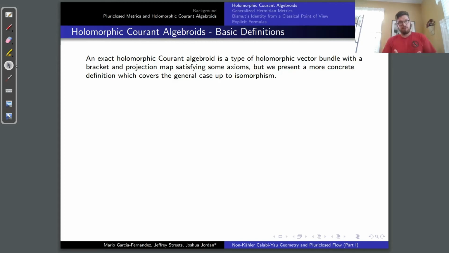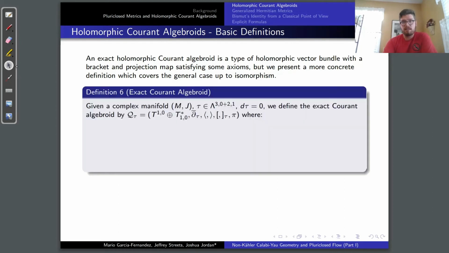But I really want to specify things down and just give you the definition that is most relevant to us and really covers everything up to isomorphism. So, given a complex manifold and a (2,1)-form tau which is closed, we can define a Courant algebroid as T plus T star with extra data, right? With a twisted del bar operator, an inner product, a bracket, and an anchor map.